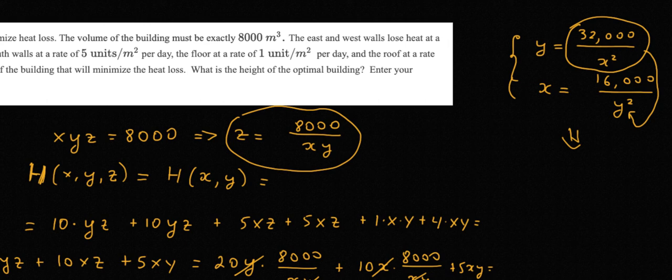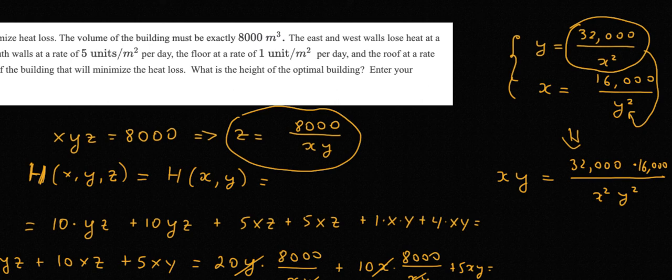If you multiply these two equations, x times y equals 32,000 times 16,000 divided by x squared and y squared.